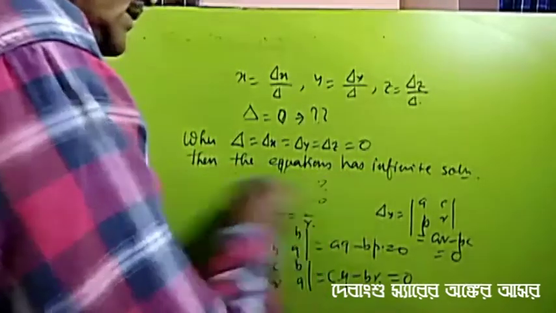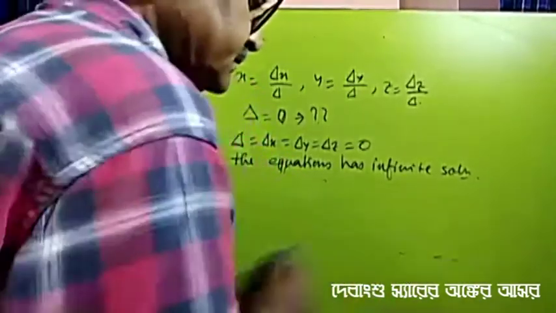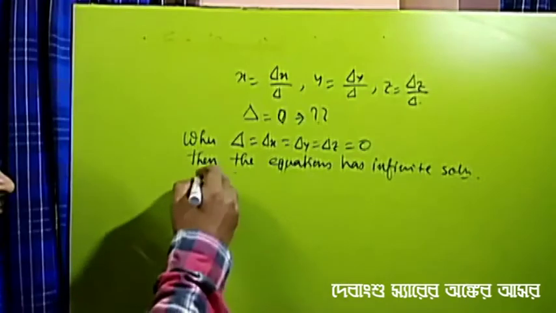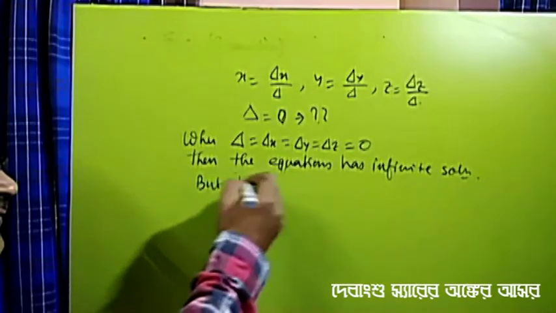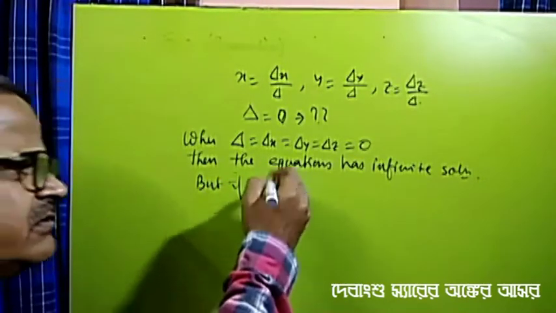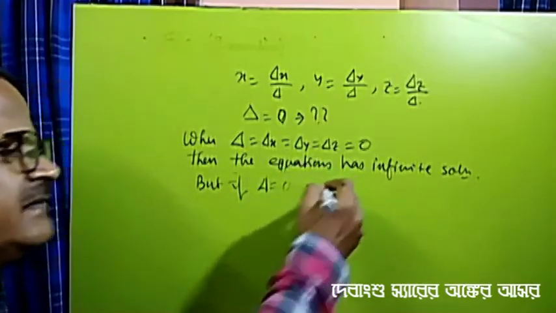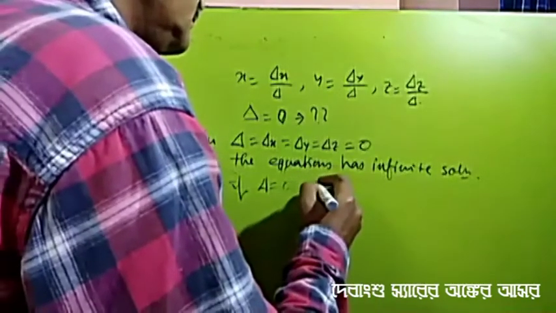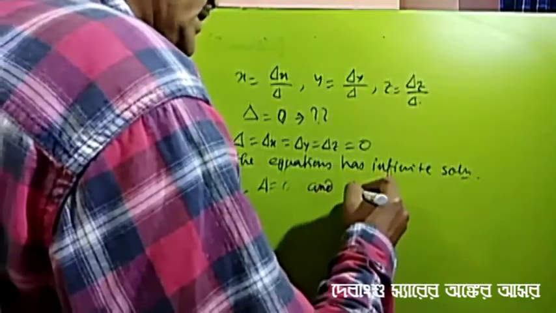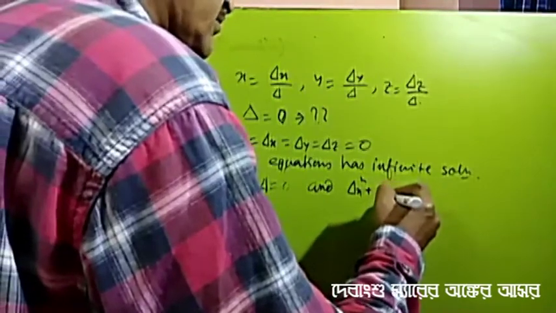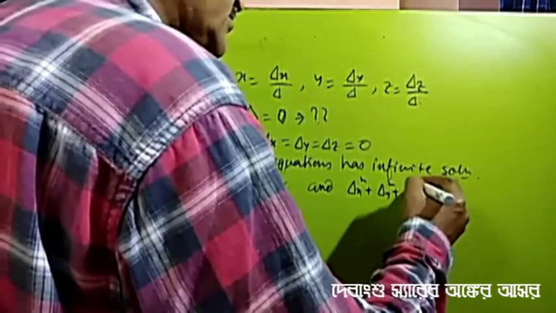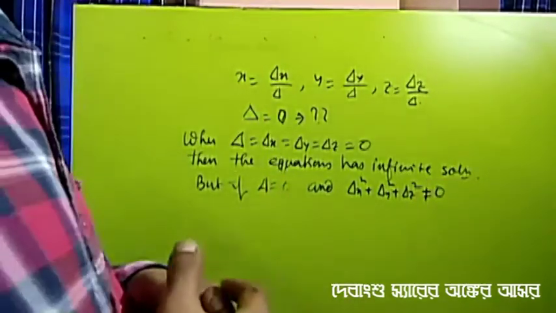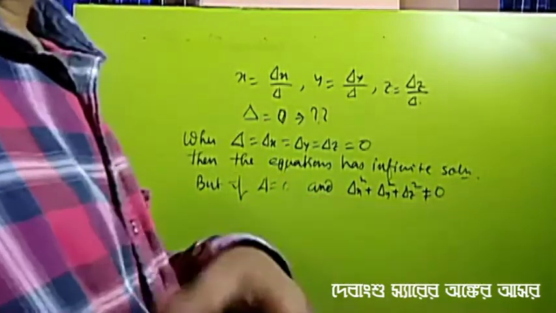But if delta is equal to 0 and delta x square plus delta y square plus delta z square is not equal to 0, when it happens, all are positive.